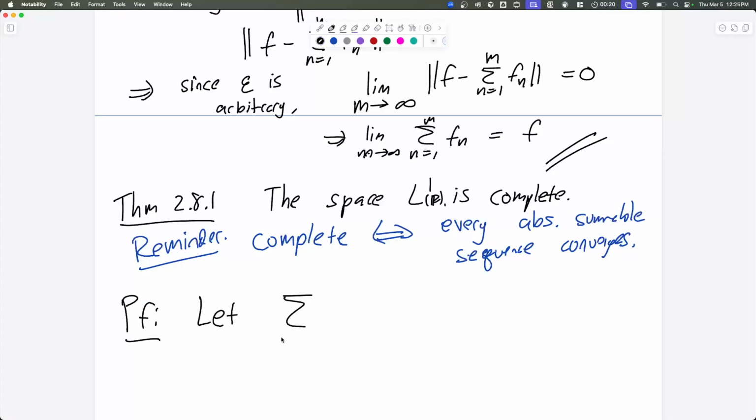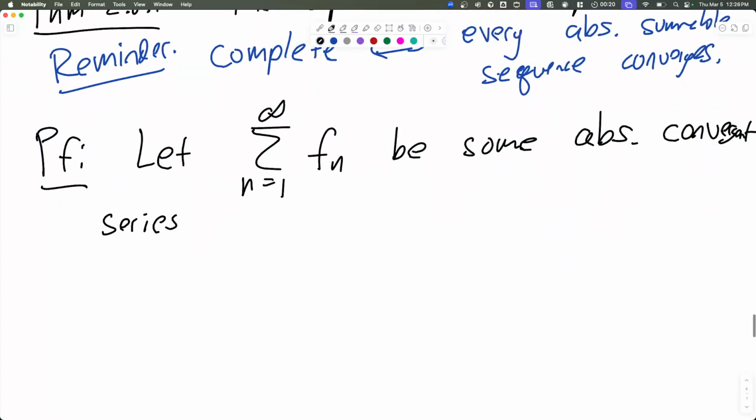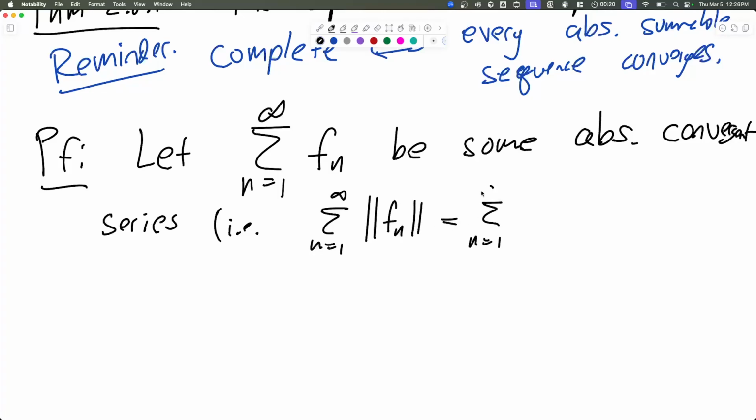Let the sum from n equals 1 to infinity of fn be some absolutely convergent series, i.e. the sum from n equals 1 to infinity of the norms of the fn, which are the absolute value of the integrals, is finite. And if we can prove that it converges to something, then we will have the completeness.